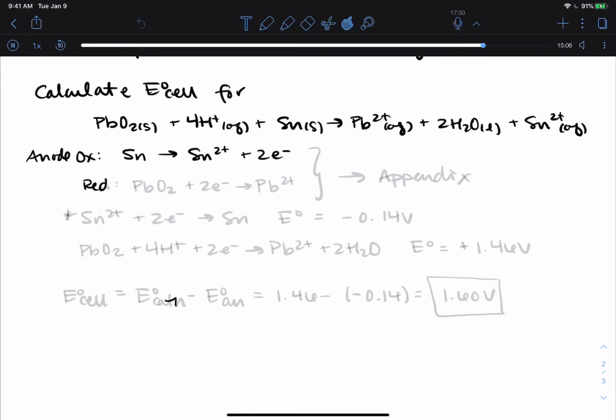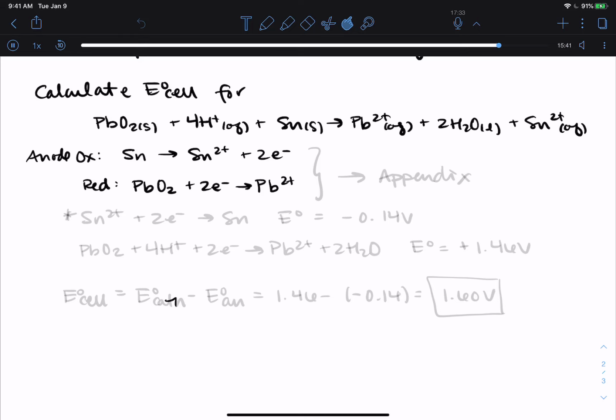And the reduction half reaction is the PbO2 plus 2 electrons turning into Pb2 plus. Now there's some other pieces in this reaction, the H plus, the H2O, that are there for balancing, but as long as we've identified the correct oxidation numbers for the things that are changing, we'll have the correct half reactions when we look them up in the appendix.